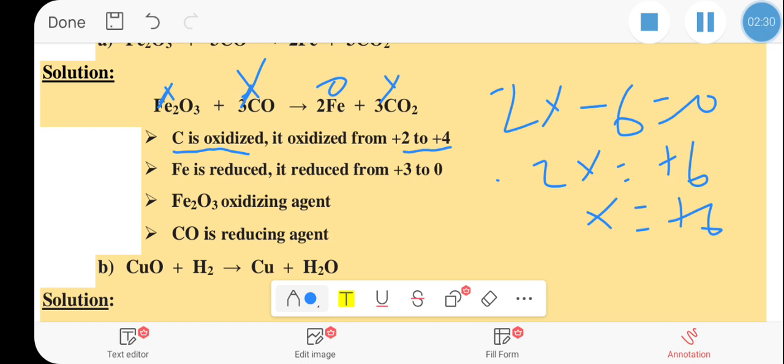Iron is reduced. It is reduced from plus 3 to 0. Therefore, iron oxide is oxidizing agent because the substance that reduced exists in iron oxide.